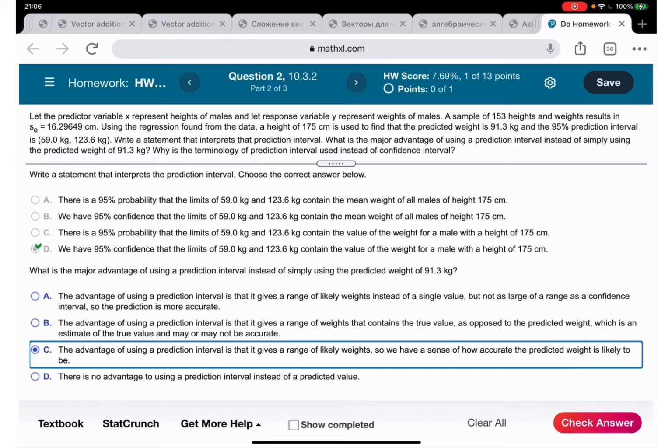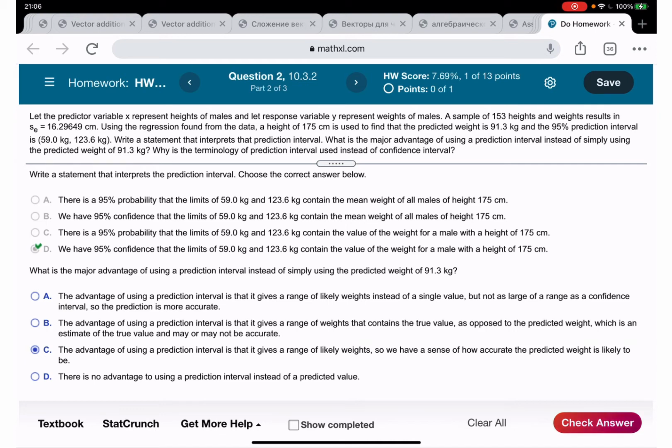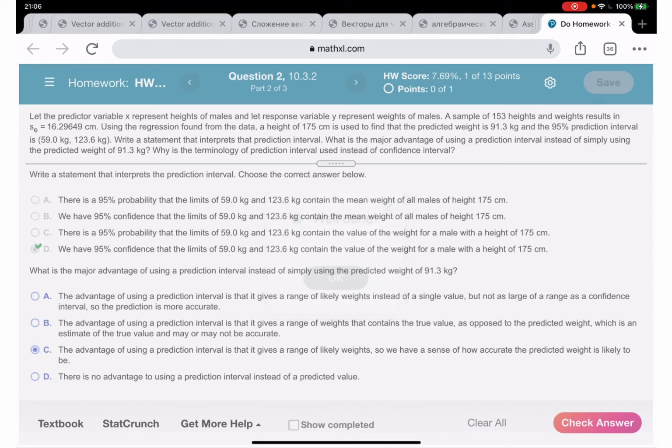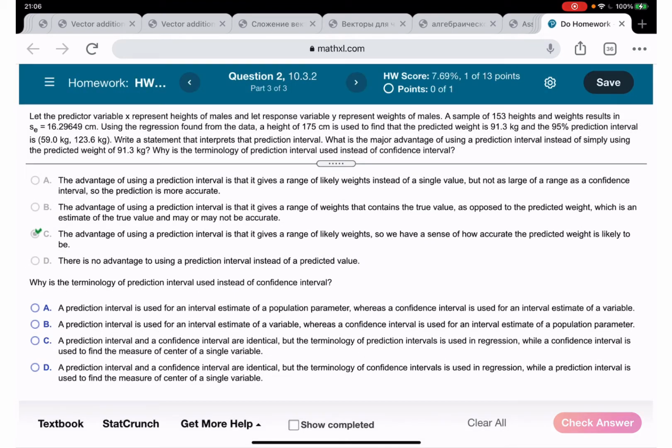Which means we are going to know in what range, with how much confidence, the predicted weight is going to fall. Well done. Okay, so if we say there is no advantage to use, that would be wrong.